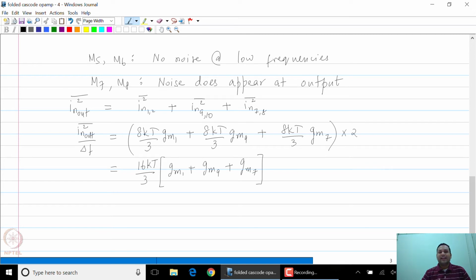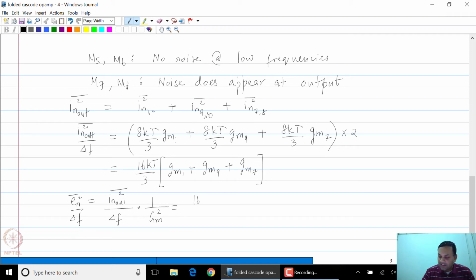Again, a reminder that as far as noise is concerned, the drain noise is not injected symmetrically into any of these nodes. You cannot use differential mode analysis to solve for noise. I'm just pointing that out there. So the input referred noise density, En squared over delta F, would be divided by the square of the transconductance.